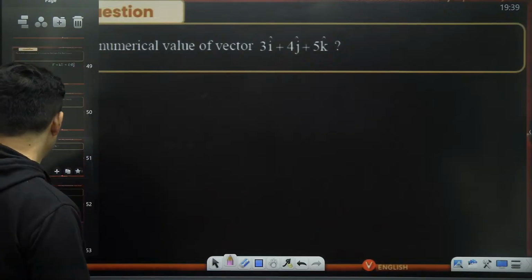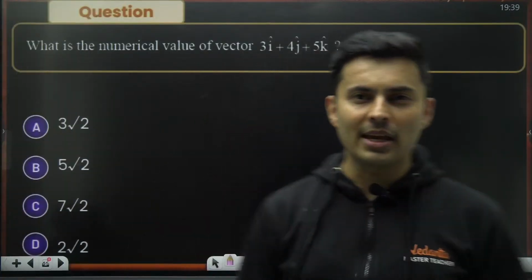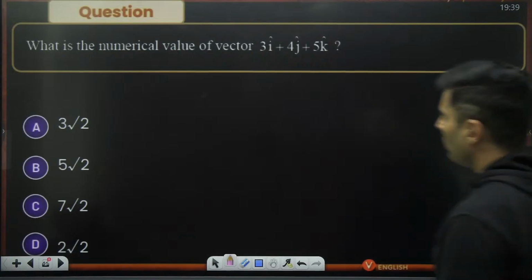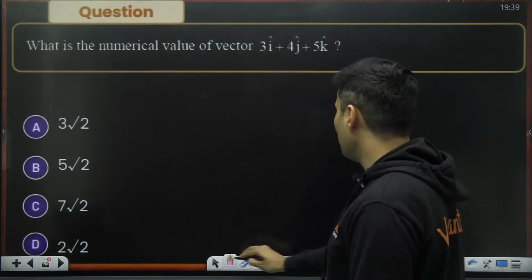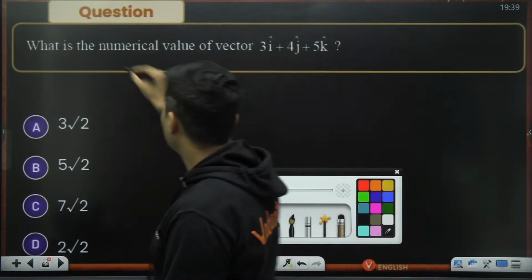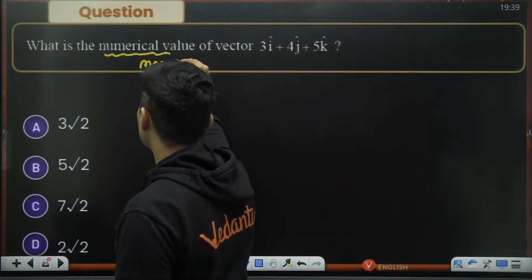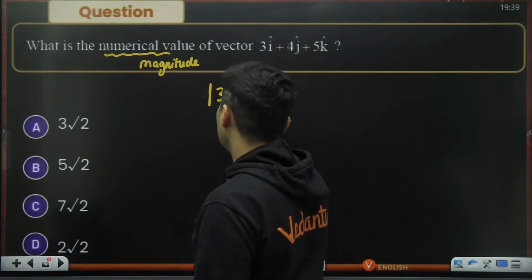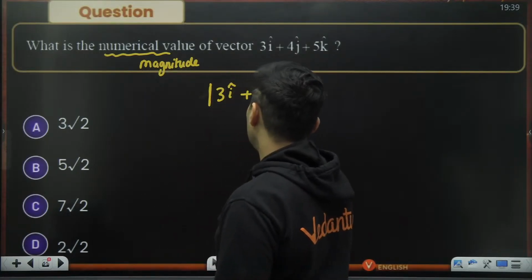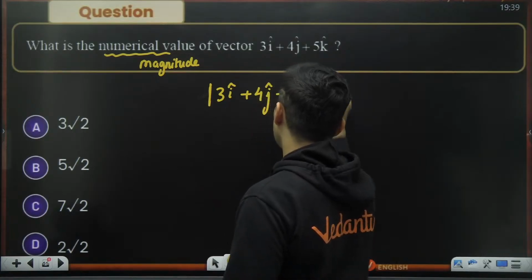What is the numerical value of the vector 3i, 4j, 5k? What do you do with this? Numerical value means nothing but the magnitude of the vector. So essentially what they are asking is, what is the magnitude of 3i cap plus 4j cap plus 5k cap?